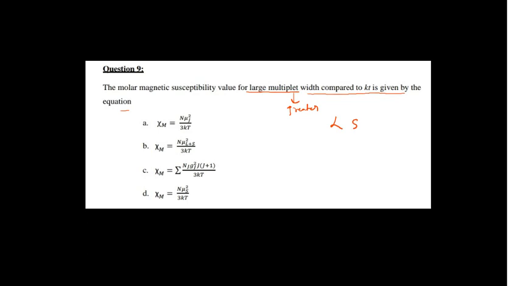These vectors very, very strongly interact. The interaction between L and S will be very, very strong, and when this strong coupling between L and S occurs, then your J, this rotational quantum number, becomes very, very significant.